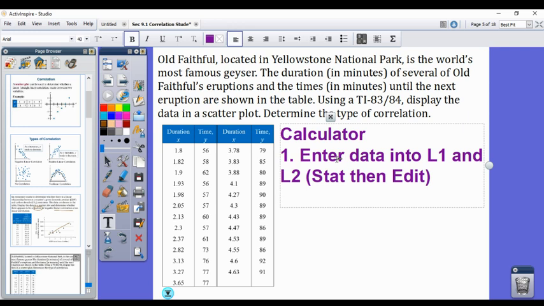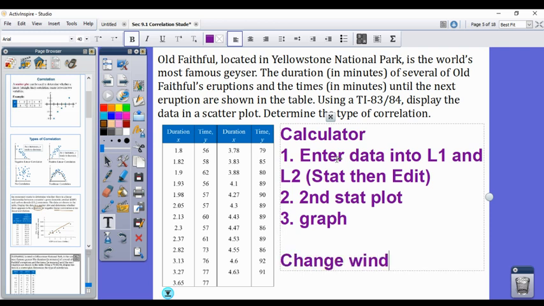Okay. All right, after you've done that, you're going to hit second, stat plot, and then you're going to hit graph. And you may need to change your window.